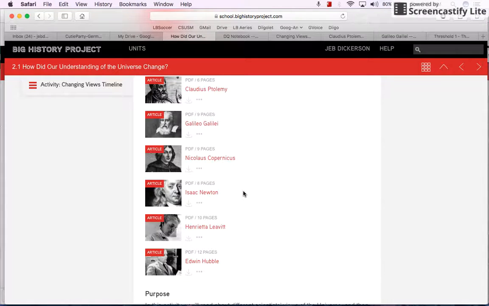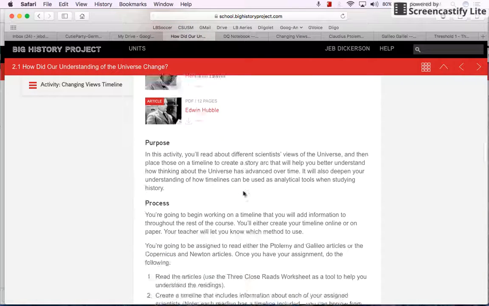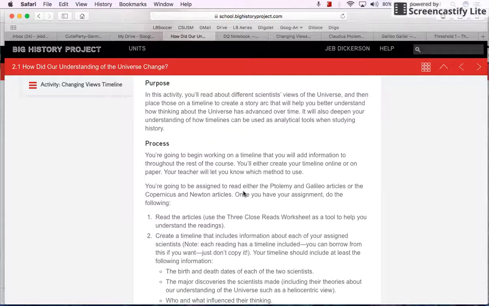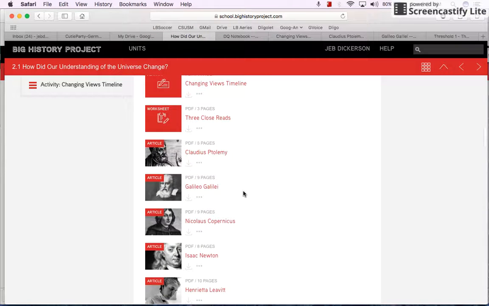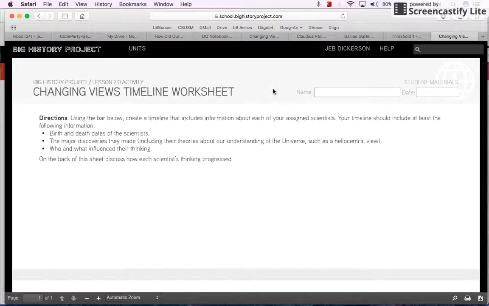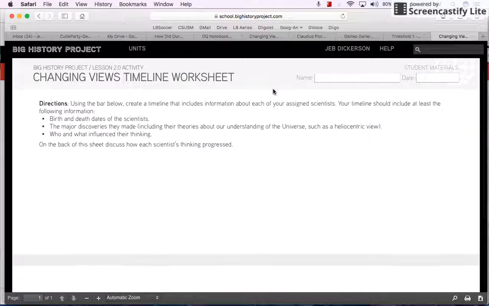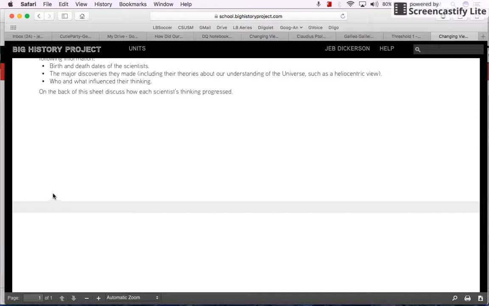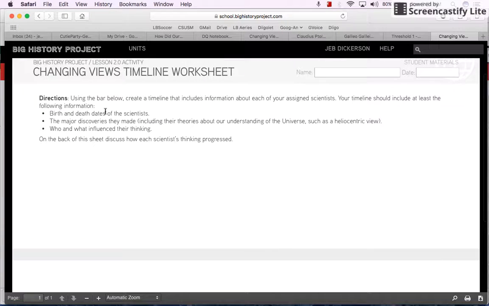I don't really care which pair you choose to do, but essentially what you're going to be doing is in your notebook, okay, not on this document right here, you're just creating a timeline. You see this right here, this is like a bar, which is supposed to be a timeline. And you're supposed to create a timeline that includes information about each of your assigned scientists.